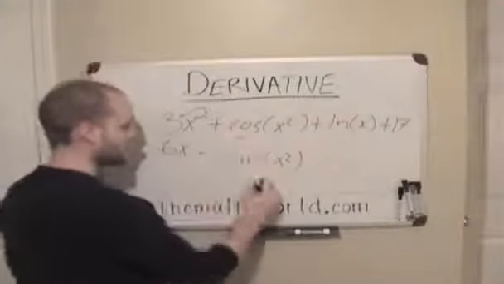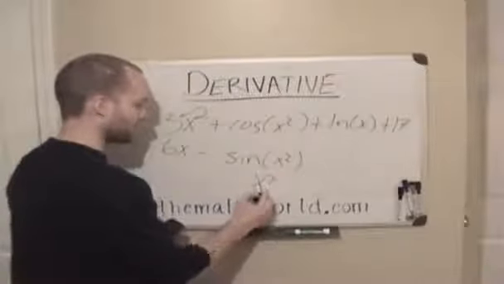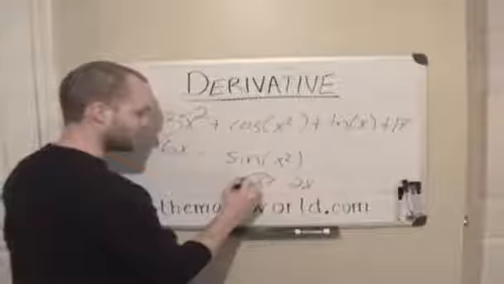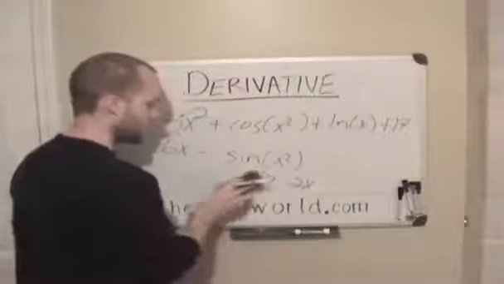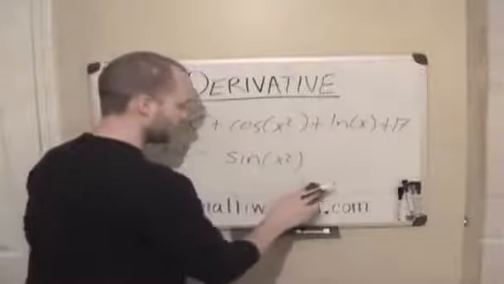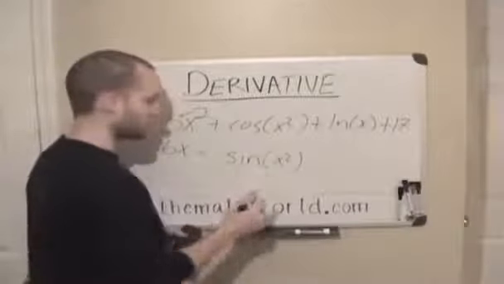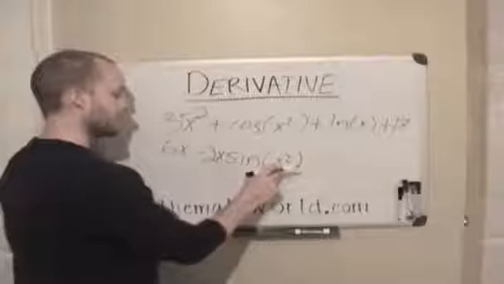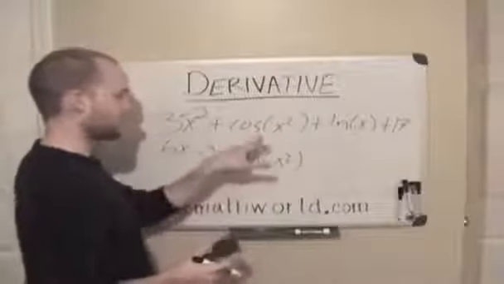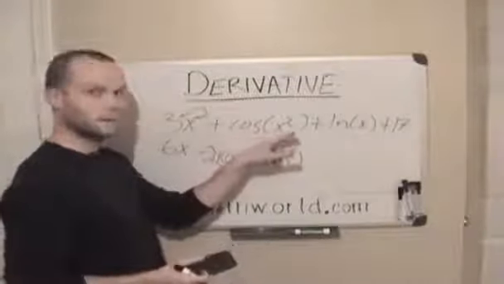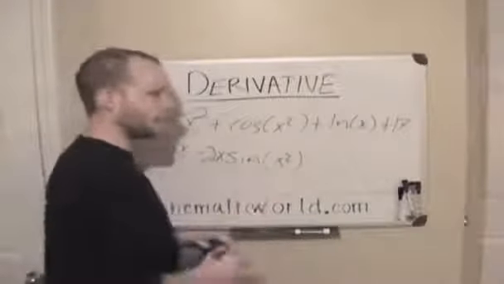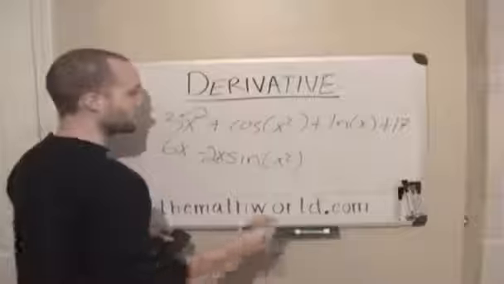So just like for x squared, the derivative of x squared is 2x, remember multiply the 2 out and then subtract 1, we have to do the same thing with this x squared. So we're actually going to put 2x out here, and this is going to stay the same. So the derivative of cosine x squared is minus 2x sine x squared. So very important to know.